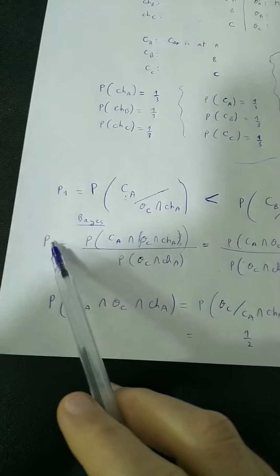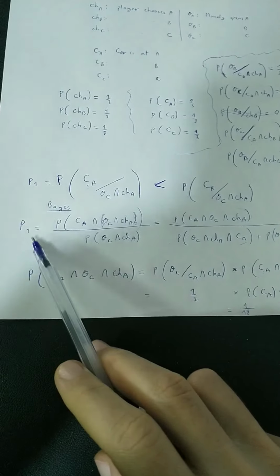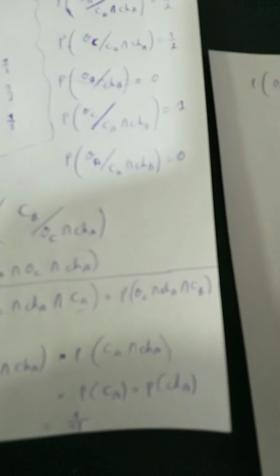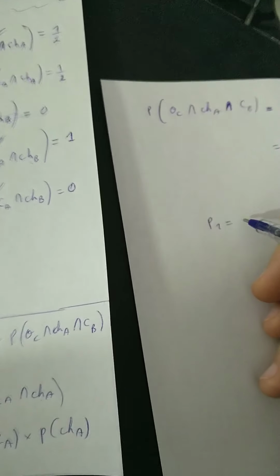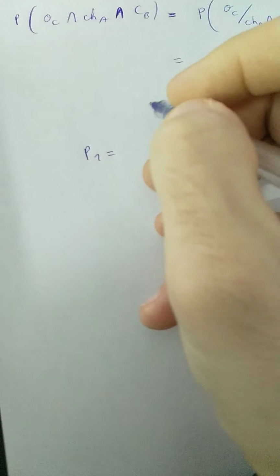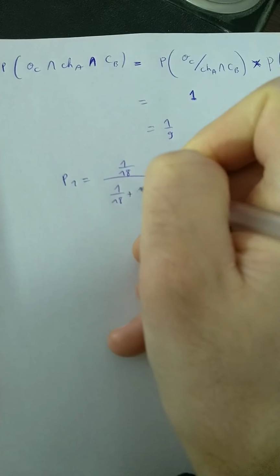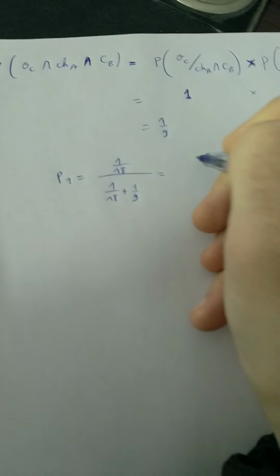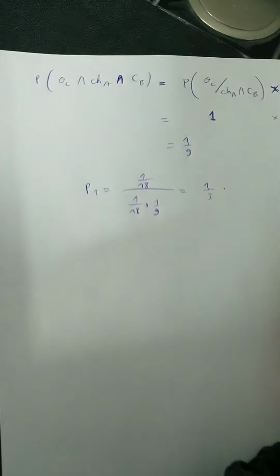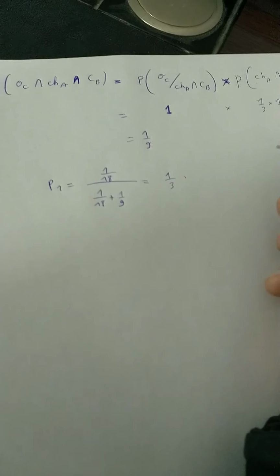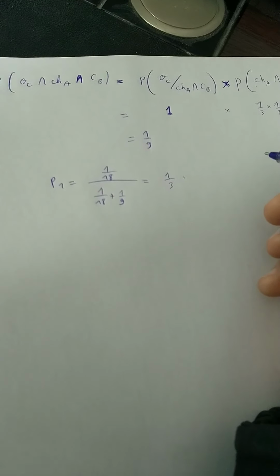So this P1 would be, what would it be? 1/18 over 1/18 plus 1/9, which is 1/3. That's interesting. 1/3.